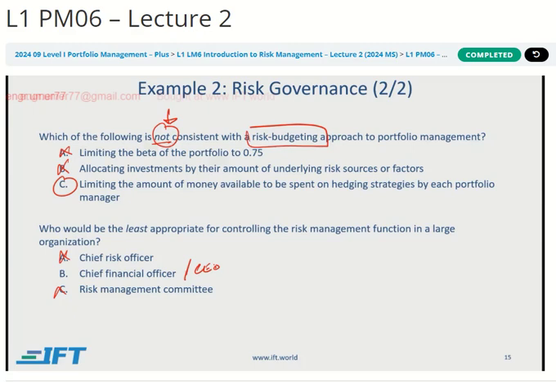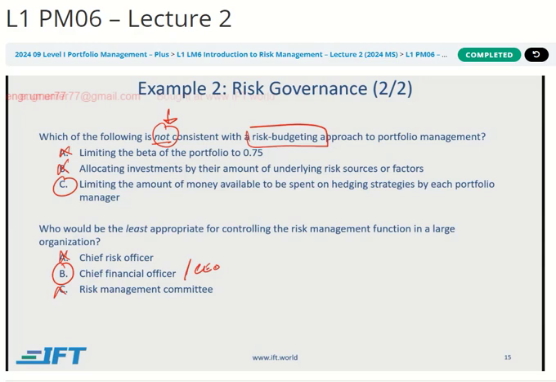Their compensation is probably, their bonus is probably going to come from the high return, from the high performance. So you can't have these guys controlling the risk management function. And to be honest, this is what has been happening. This whole concept of having a CRO and having a risk management committee is relatively newer. And this is an awareness that has to be increased, right?